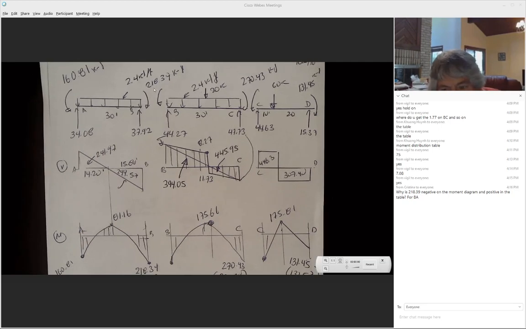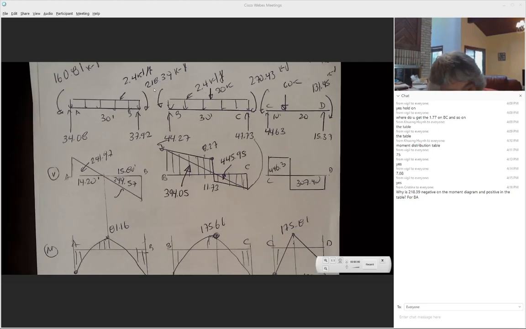Now, Christina, look, this moment in here, look the direction. This moment is putting the compression at the top or the bottom of the member. Look, this moment in here. Where, for this member, where is the compression? Top or bottom? Look, this direction, this moment, where is the compression? Top or bottom?